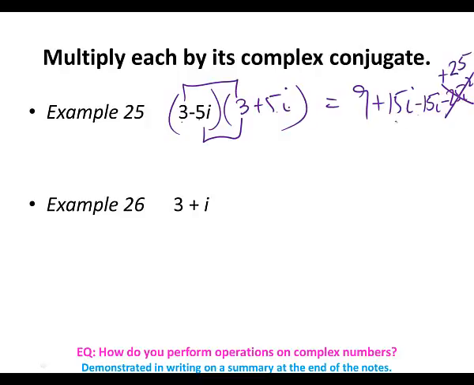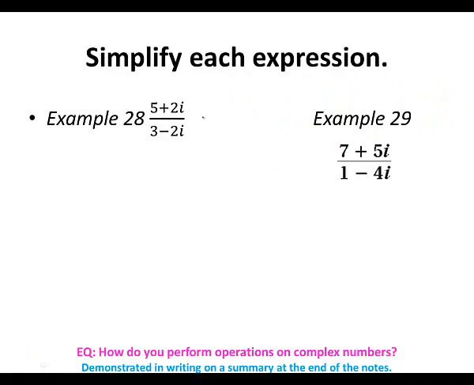What happens to this middle part? Cancels. I'm left with 9 plus 25, which is what? 34. Here's the thing. Every time we do a conjugate, it's always going to cancel the middle. So rather than doing FOIL, I'm only going to do first and last because the O and the I will always cancel.